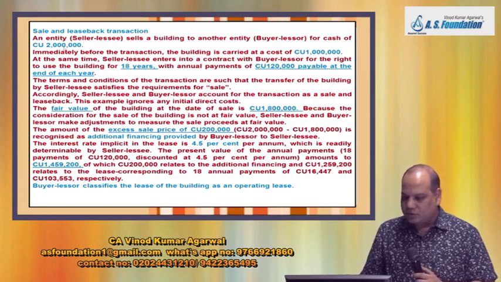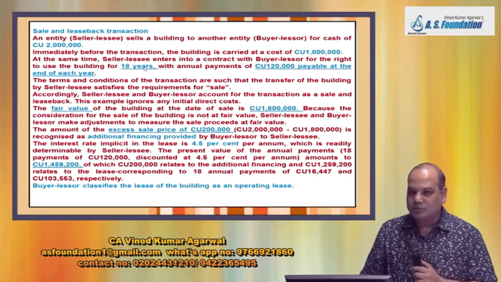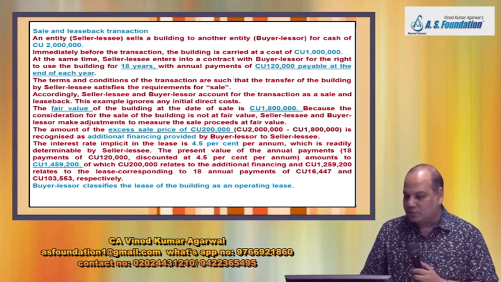This is carrying amount, this is sale value. At the same time, the seller lessee enters into a contract with buyer lessor for the right to use building for 18 years with annual payment of 1,20,000 payable at the end of each year.